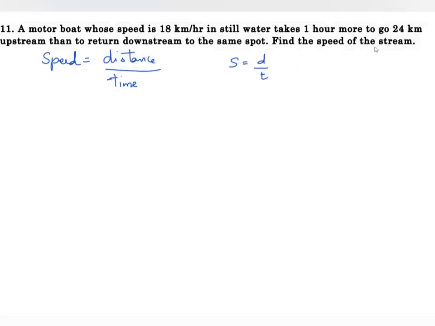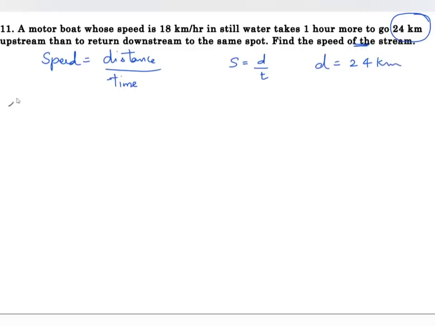It takes 1 hour more to go 24 kilometers upstream than to return downstream to the same spot. Now from this, what is the distance? The distance will be the same here, given distance equals 24 kilometers. What we need to find out is the speed of the stream.